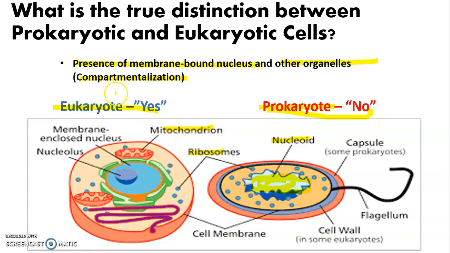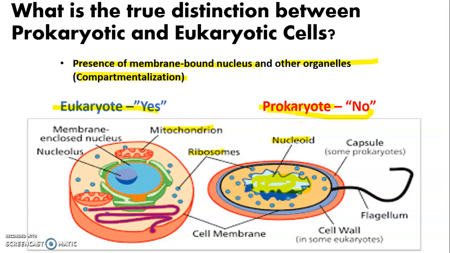So therefore, there is a compartmentalization, or the organelles in a eukaryotic cell are compartmentalized. Whereas in a prokaryotic cell, the other organelles such as, again, ribosomes are not enclosed by a membrane.